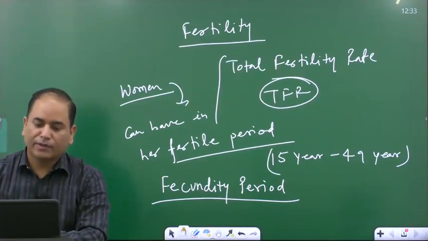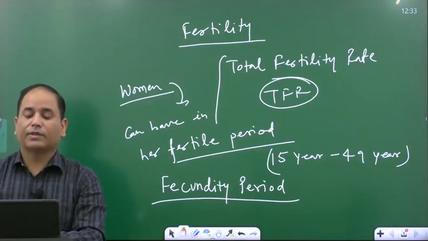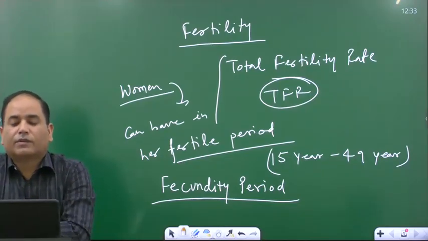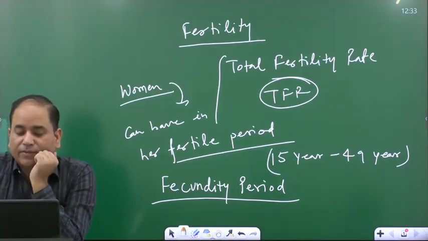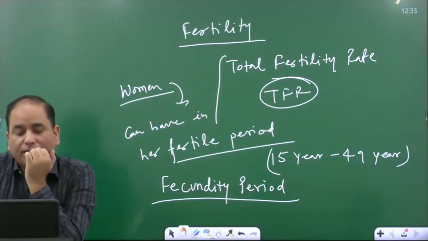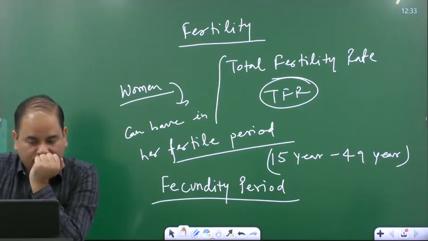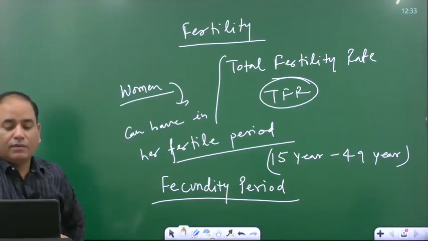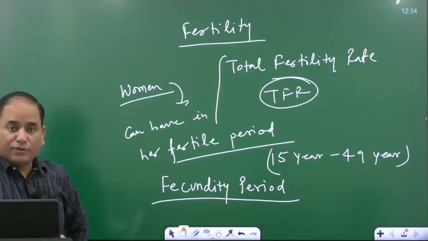The average number of children a woman would have, assuming current age-specific birth rates remain constant throughout her childbearing years, which is generally considered as 15 to 49 years.